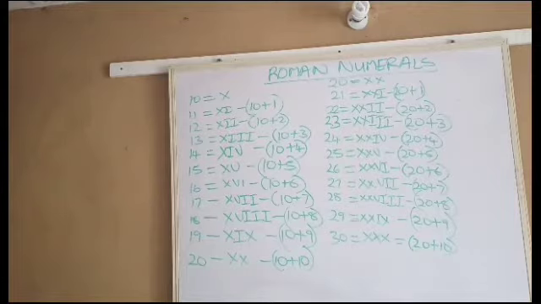Then follows 23 XXIII, 24 XXIV, 25 XXV, 26 XXVI. That's equivalent to 20 plus 6. 27 XXVII, 28 XXVIII, 29 XXIX, and 30 XXX.